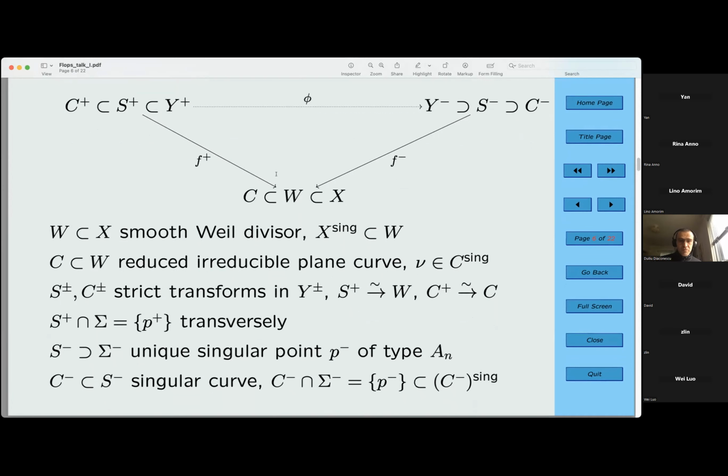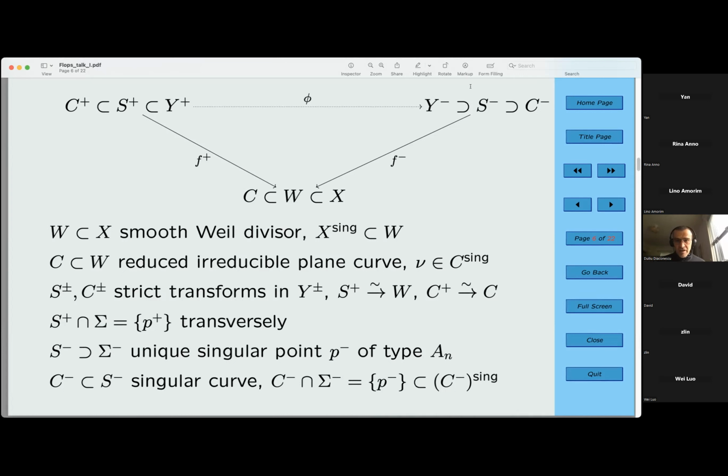The strict transform of W is just a copy of W, so S plus is isomorphic to W, and the strict transform of C in Y plus is again isomorphic to C. So this picture, C inside W, is transplanted by taking inverse images into C plus inside S plus. Nothing happens. I have a plane curve right there. And on top of that, S plus intersects my 0-2 curve transversely. I'll draw a picture in a second.